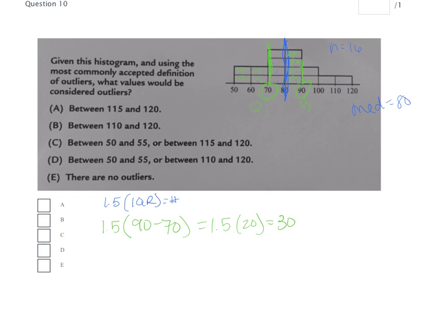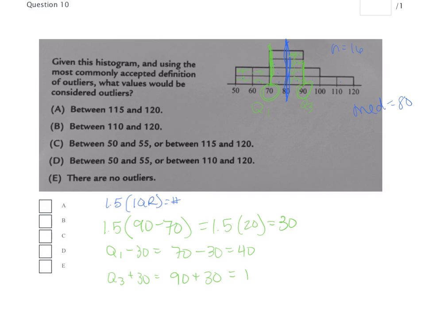And now first you have to do Q1 minus 30. So that'll be 70 minus 30, which gives us 40. And then Q3 plus 30. So that's 90 plus 30, which gives us 120.